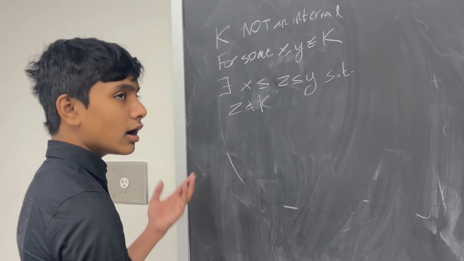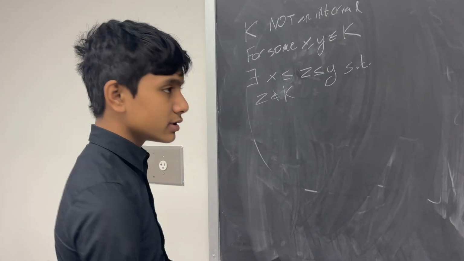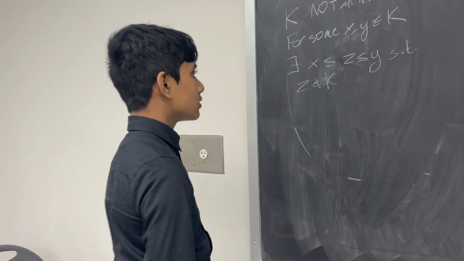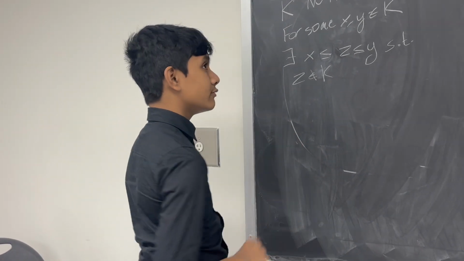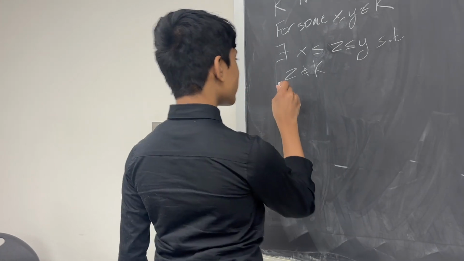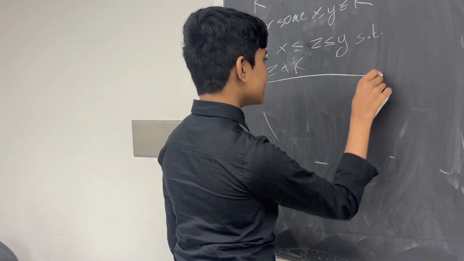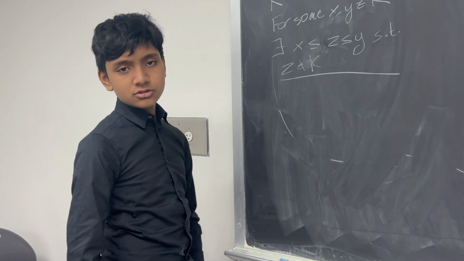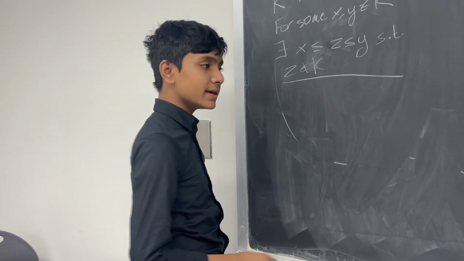So that's the converse of being an interval, not being an interval. So how can we essentially prove that if K is not an interval, it has to be disconnected?